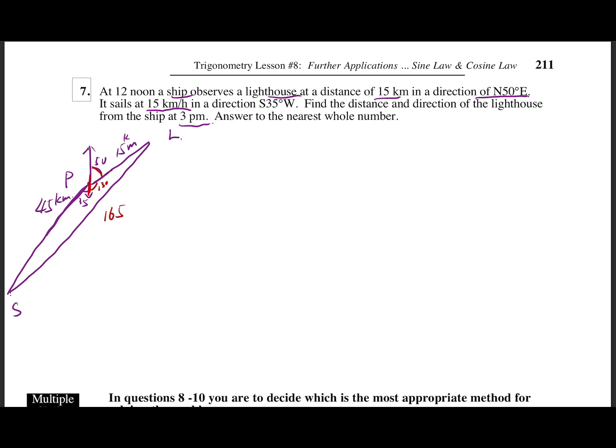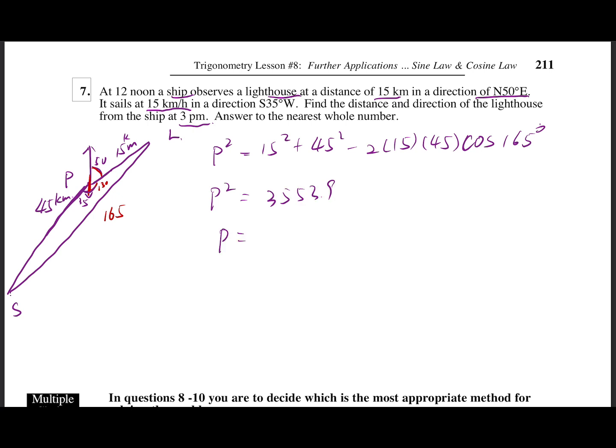Because we have two sides and the included angle, we can use the cosine law. So p squared equals 15 squared plus 45 squared minus 2 times 15 times 45 times cosine 165 degrees. So p equals 60.